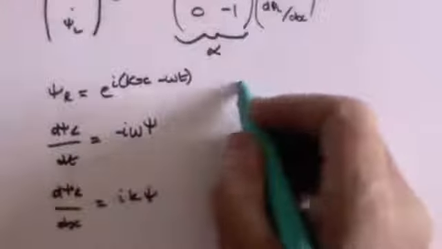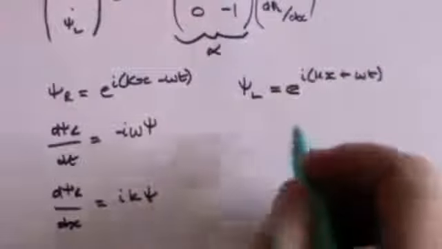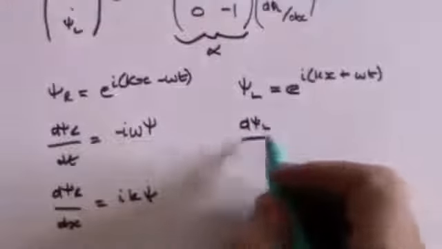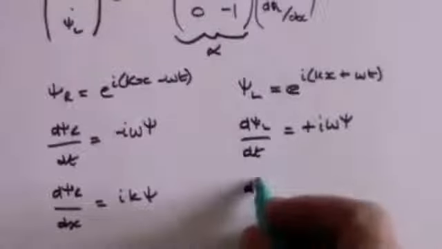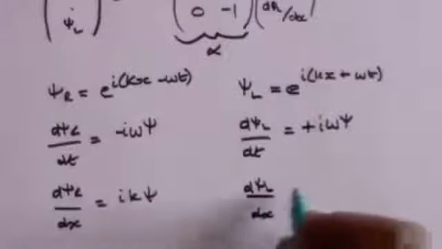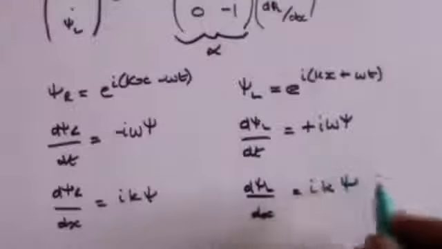But we also said that psi left is equal to e to the i kx plus omega t, which meant that d psi left by dt was equal to plus i omega psi, and d psi left by dx was equal to ik psi.